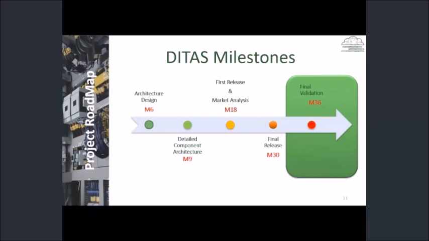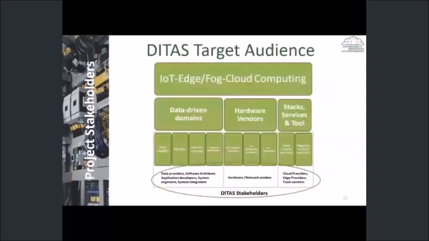One finishing on month 18, where we released the first version of the DITAS platform, and the other one finished on month 30, delivering the final version of DITAS. We are now in the last phase of the project, where the main tasks are the verification and validation of the solution, which is performed by your use cases, and also the exploitation of the project results at the end of the project.